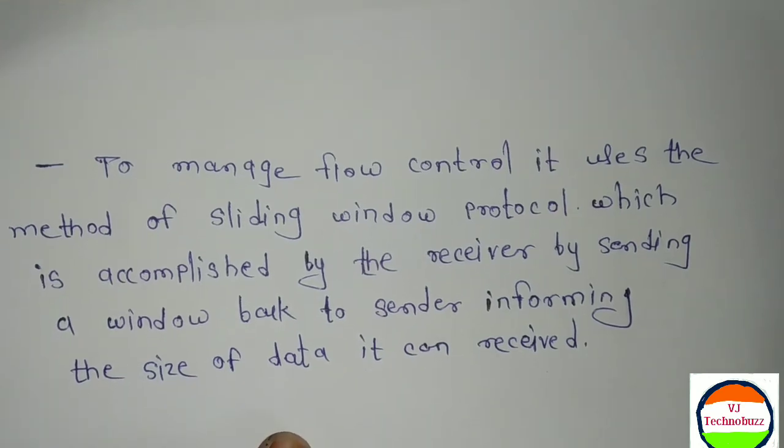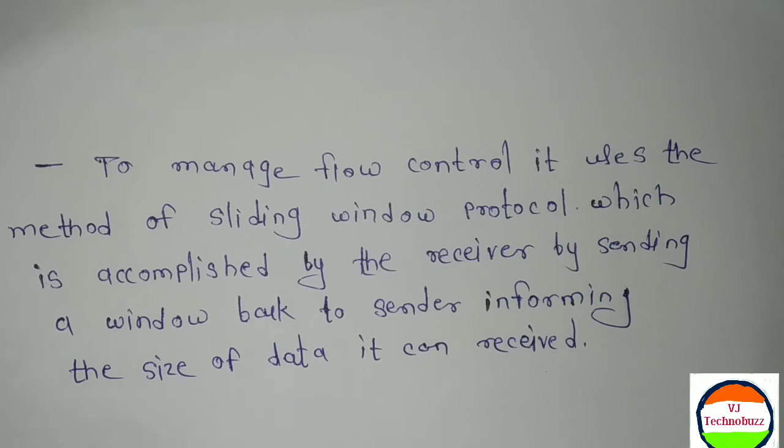So this is the sixth function of the transport layer, that is flow control.